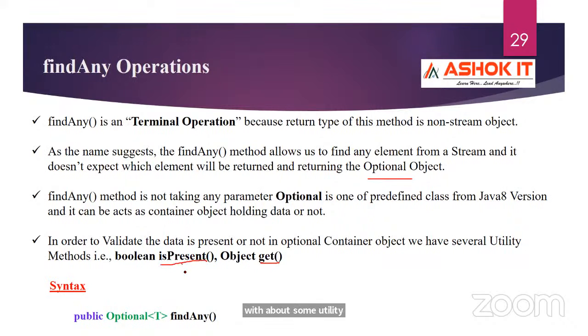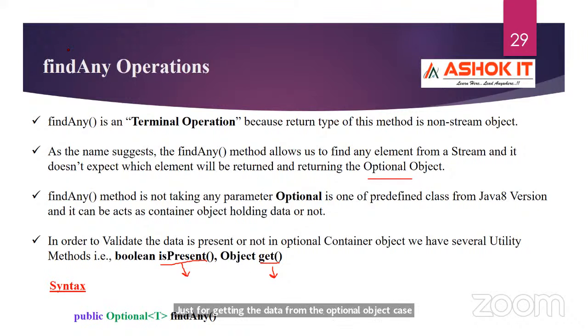The isPresent method checks whether the Optional object contains data or not. If yes, it returns true; if no, it returns false. The get method is used for getting the data from the Optional object.